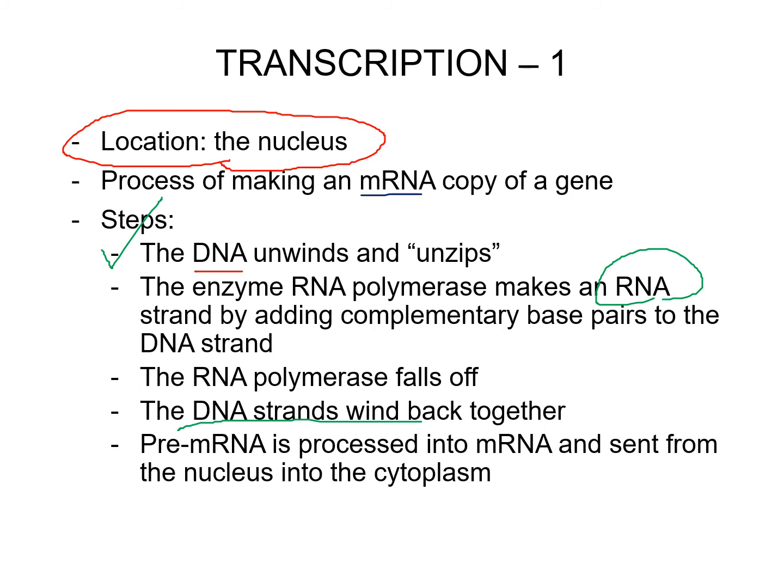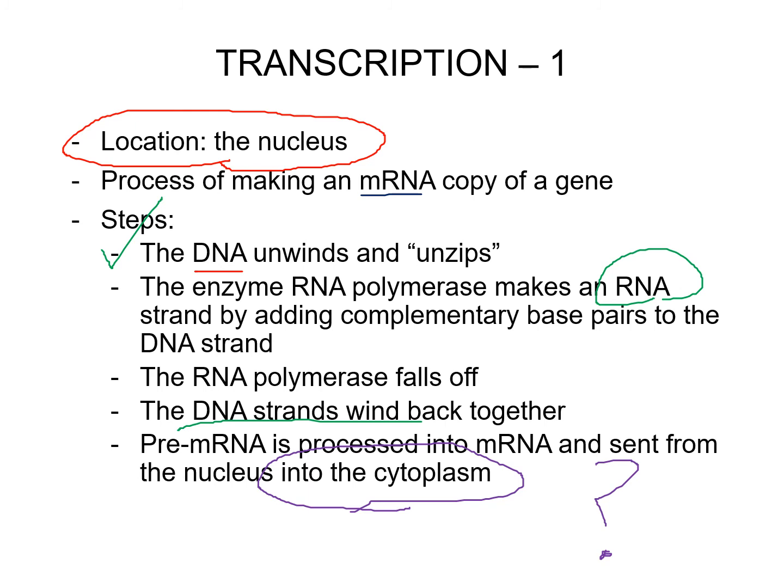And then once we have our messenger RNA processed and ready to go, we are going to send it into the cytoplasm. Why are we sending the RNA into the cytoplasm? Well, because our next step is to bring the code to the protein makers.